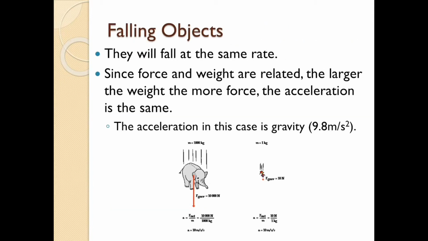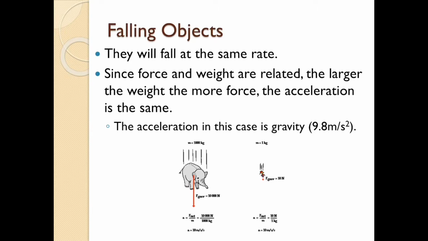So we saw they fall at the same rate. And generally when you drop something, the acceleration that the object is going to fall at is 9.8 meters per second squared, which is gravity. So looking at this picture, you can kind of see how the math works out for the acceleration to be the same. We've got this elephant here that weighs 1,000 kilograms.